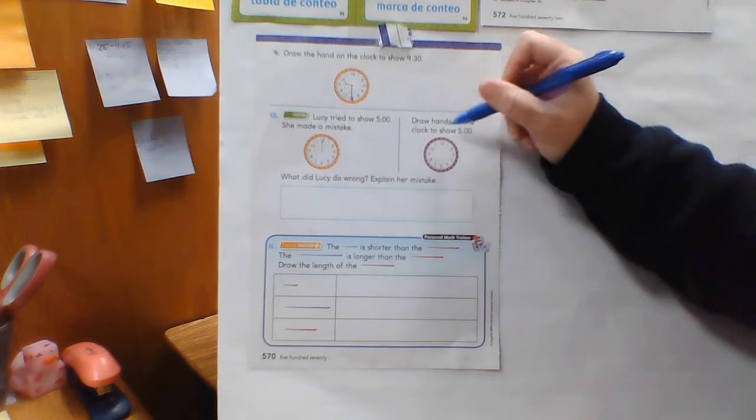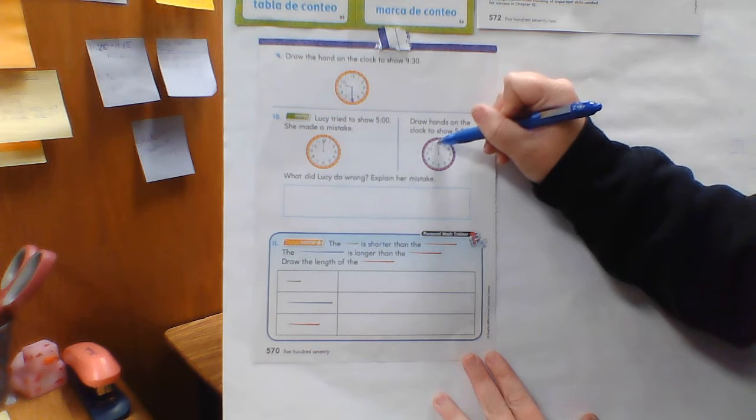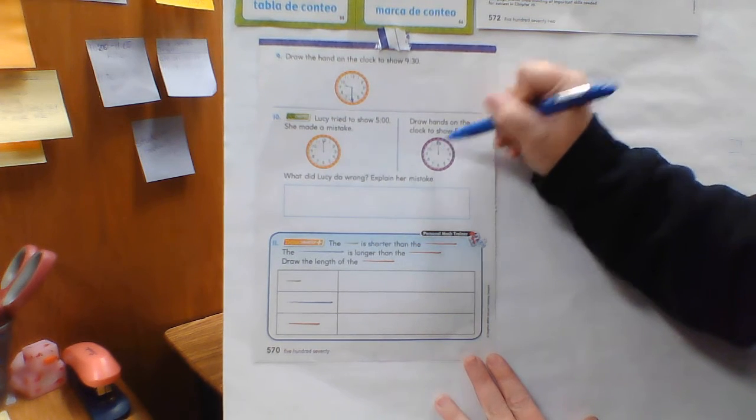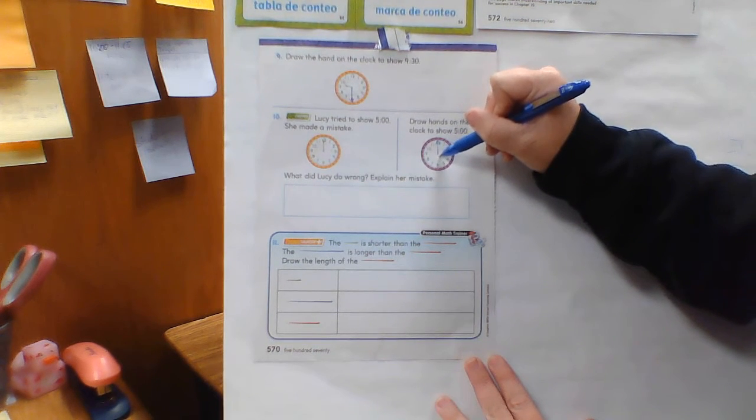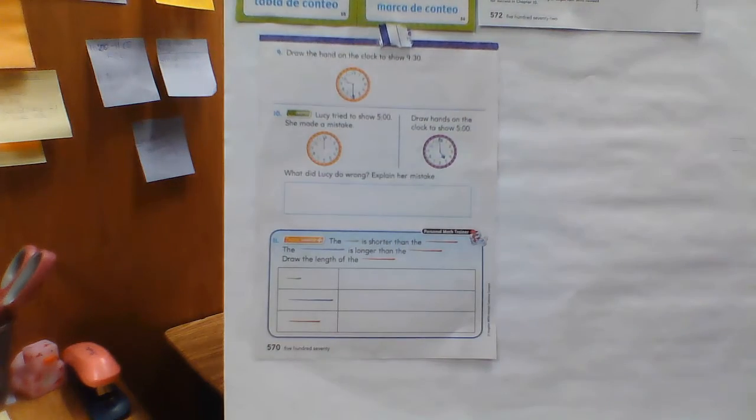So if we have to draw the hands on the clock, we know that the big, tall minute hand is directly on the 12. The hour hand is directly pointing to the 5. So that's what Lucy did wrong. Lucy forgot to put her hour hand pointing directly to the 5. She left the hour hand out.